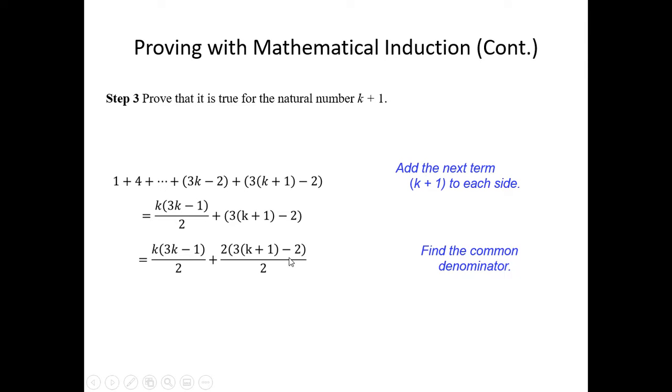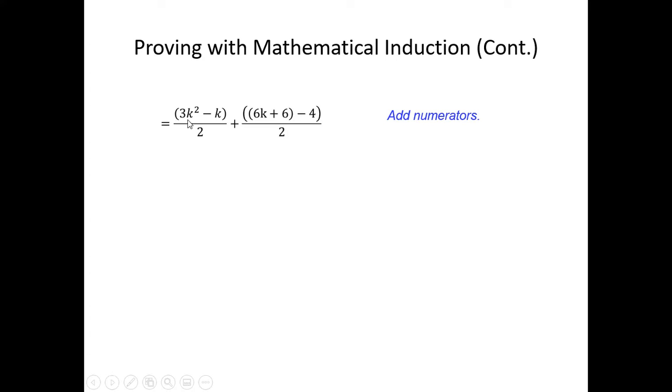Okay, now let's take a look when we combine like terms here. I'm going to multiply this first term through by k, so I'm going to have 3k squared minus k, and I'm going to multiply 2 through on this term, so I'm going to have 6k plus 6 minus 2. So what does that look like? 3k squared minus k plus 6k plus 6 minus 4, because we had a 2 times 2.